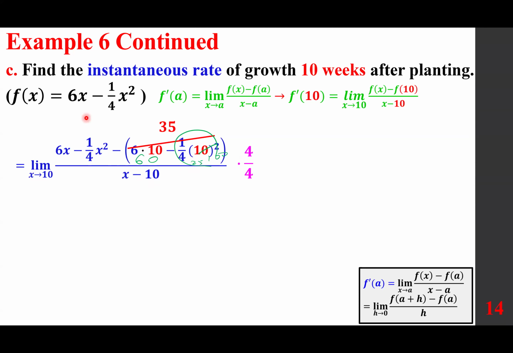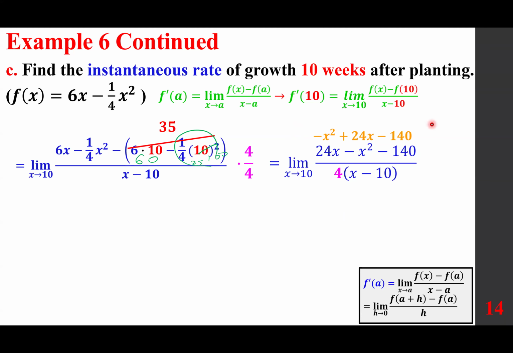Now, if we distribute here, we get 4 times 6x, 24x. Distribute here, and this goes away. We get minus x squared minus 35 times 4 is minus 140. Because we are interested in factoring, we put this in descending order, which means minus x squared comes first. I'm talking about the numerator and the numerator only for now.